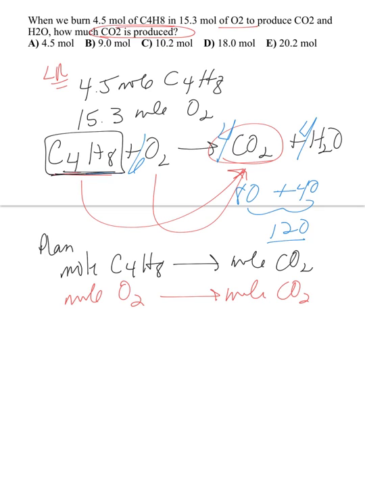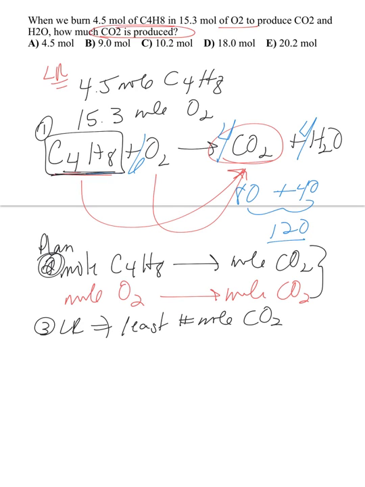First, we balance our equation. The second thing we do is figure out how many moles of carbon dioxide. Then we choose the limiting reagent, which is the one giving the least number of moles of CO2 produced, and that's going to be our answer. So let's go ahead and do that.